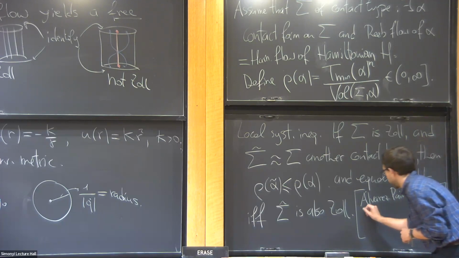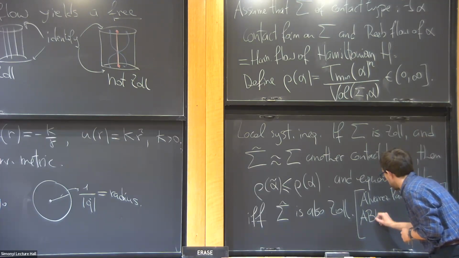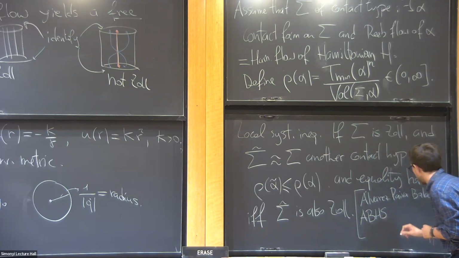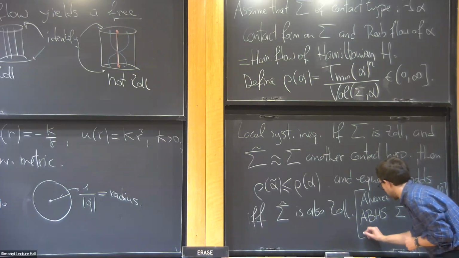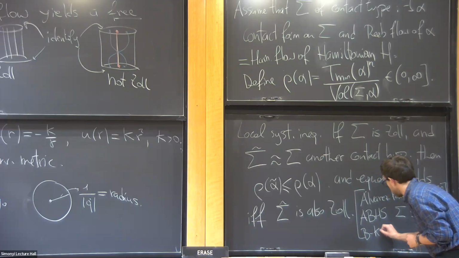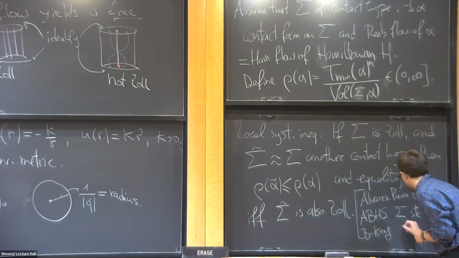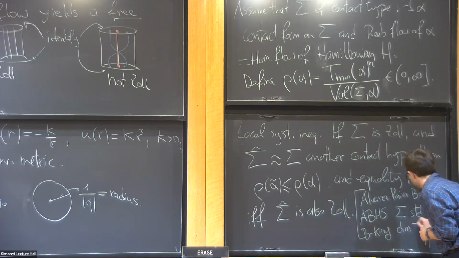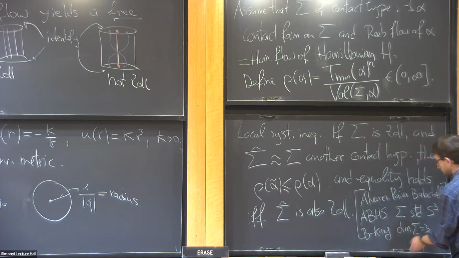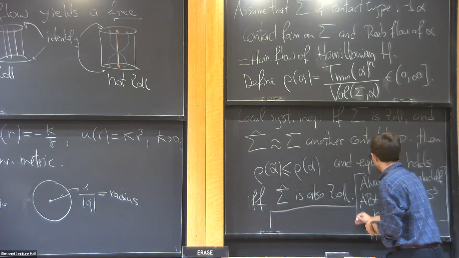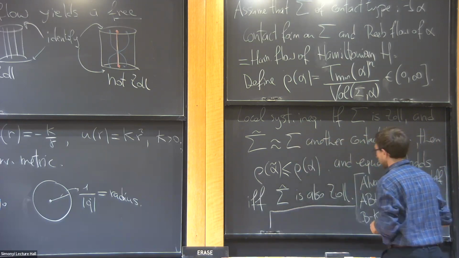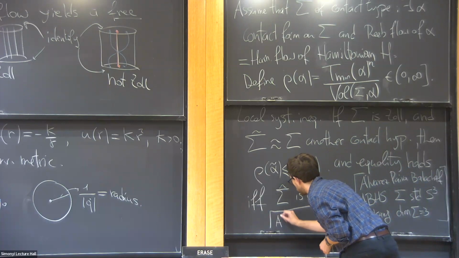And then ABHS did the case when sigma is the standard three-sphere. Then I did with Jiangsu Kang the case where the dimension of sigma is 3 in general, and with Alberto Abbondandolo then we did the case in any dimension.